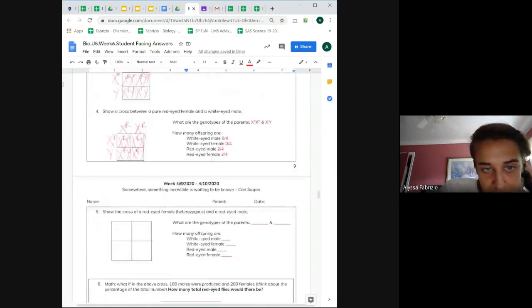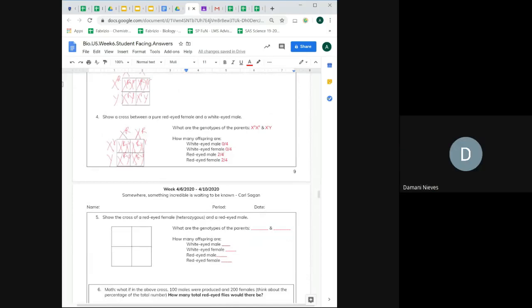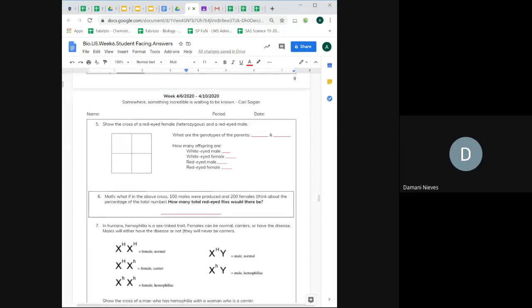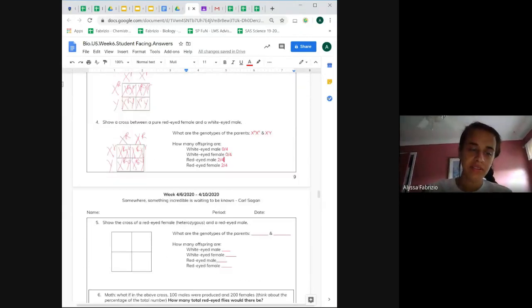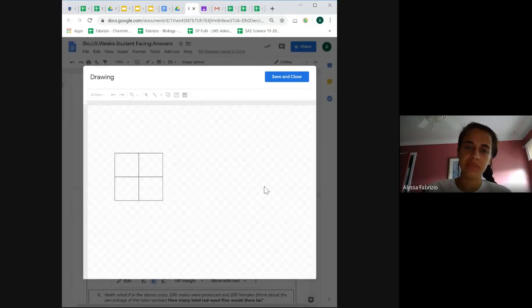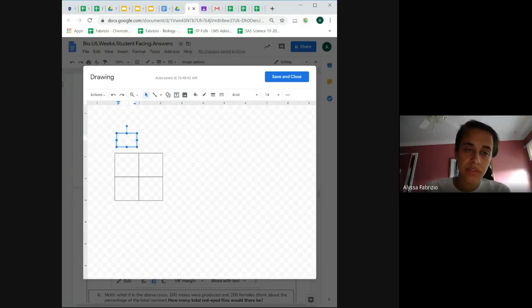Okay, so you guys, do you feel good about this? Yeah. Do we just do it on the computer, then send it to you? Yes. If you're typing it out like I did, you can do that. The way to fill in the box is you double click on it, then you can scribble. You have to go to the line, then hit the scribble, and then you can write it with your mouse or with a touch screen. Or you can also type it out. You just hit the text box button, and then you can start typing the alleles.